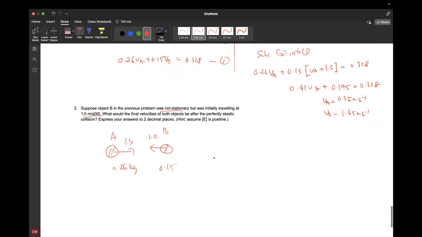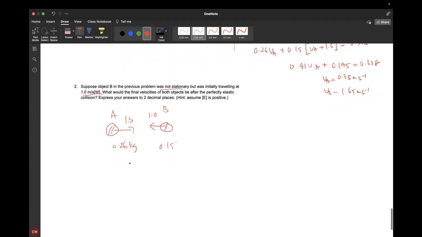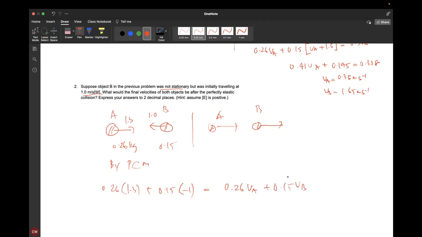So we need to form the equation again. The first one, you have to use the principle of conservation of momentum. Mass 1, speed 1, mass 2, speed 2. If it's to the left, it is negative, so we put a negative sign. After that, it's still the same mass, and they're going to move to the right, A and B. The other one is 0.15 VB. Assume that they are moving in the same direction.